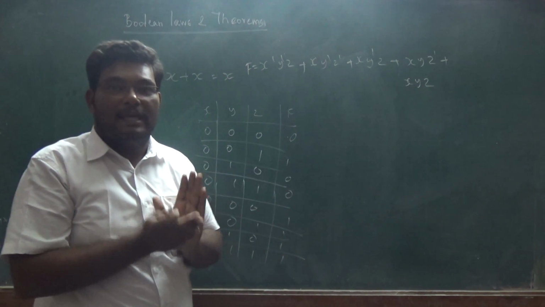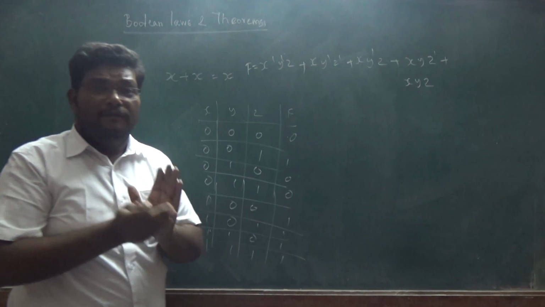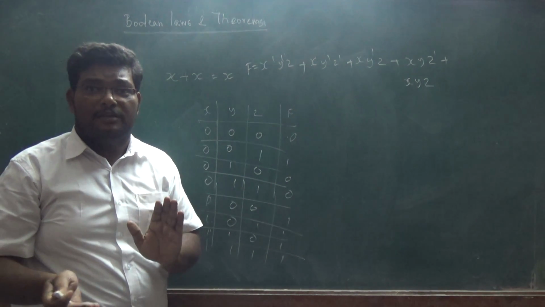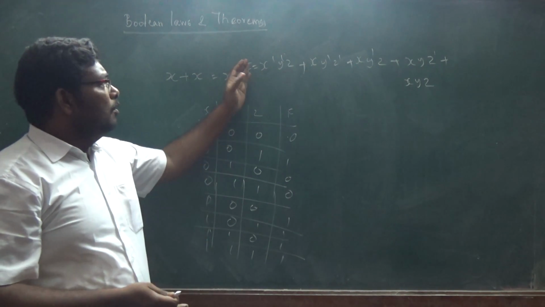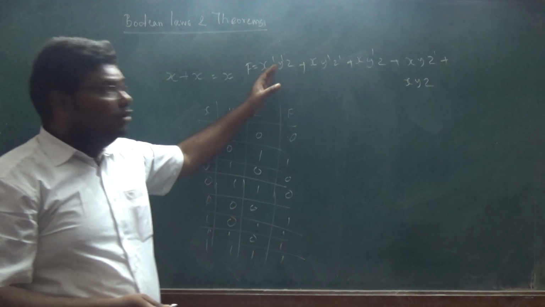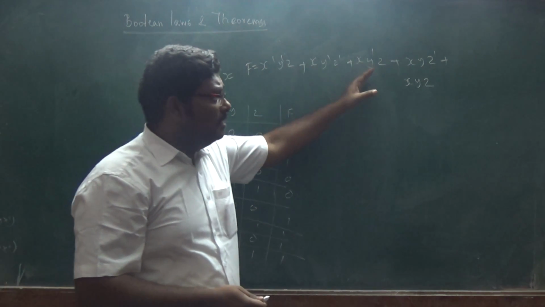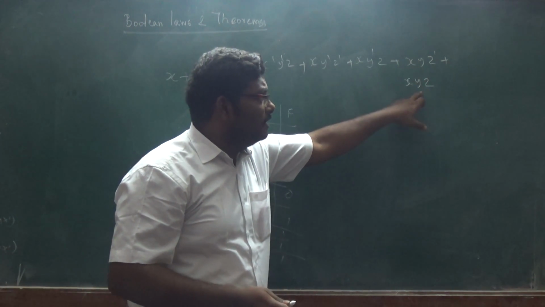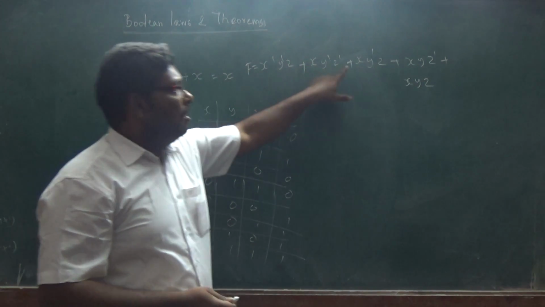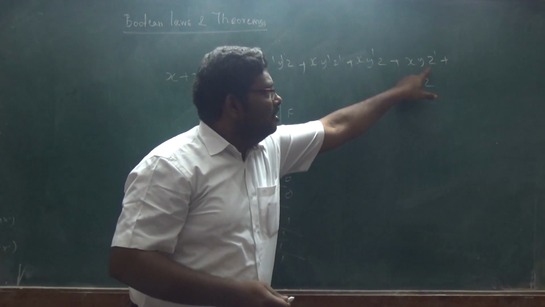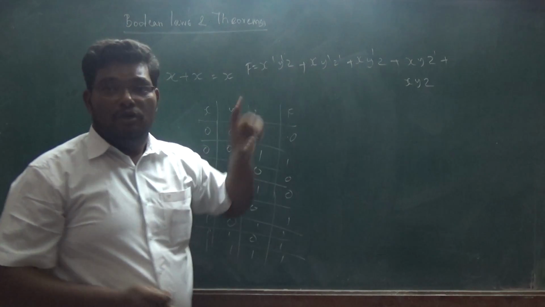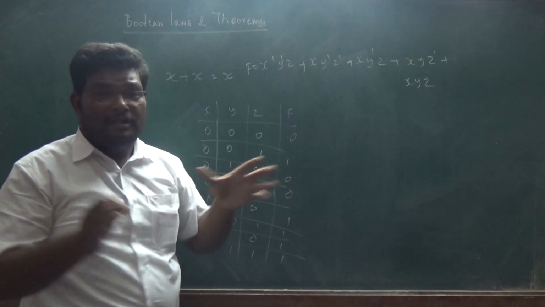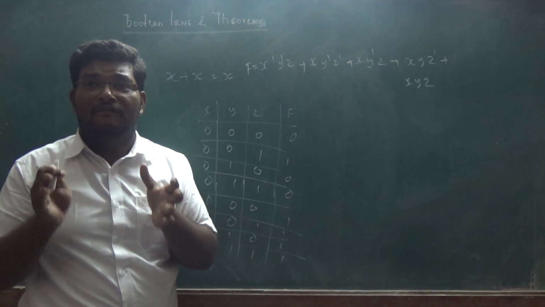How can we simplify this? If we construct the combinational circuit, we need logical AND gates, OR gates, and NOT gates. We have 5 different terms and 15 letters.